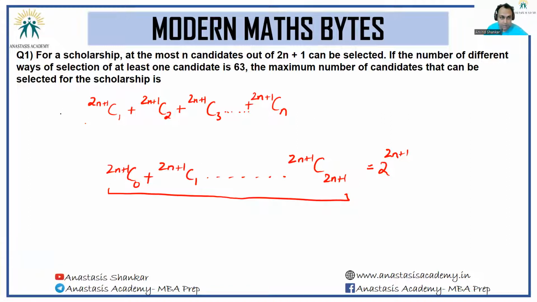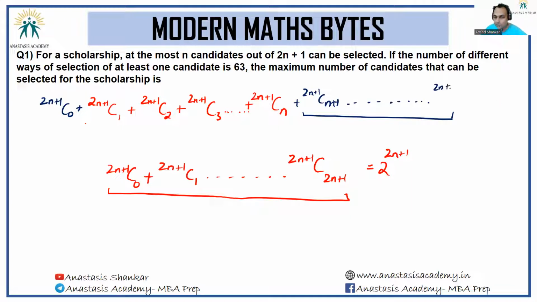The first part it is missing is 2n plus 1 C0, and everything else that would come here, 2n plus 1 Cn plus 1 all the way up till 2n plus 1 C2n plus 1, this much. Hopefully we also know that the extremes are equivalent.